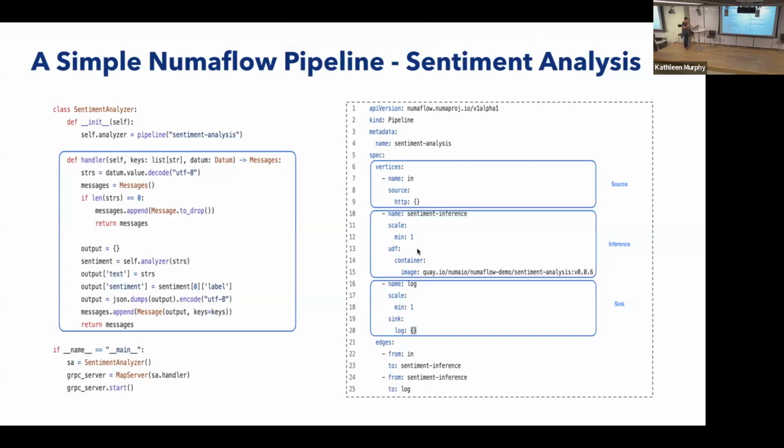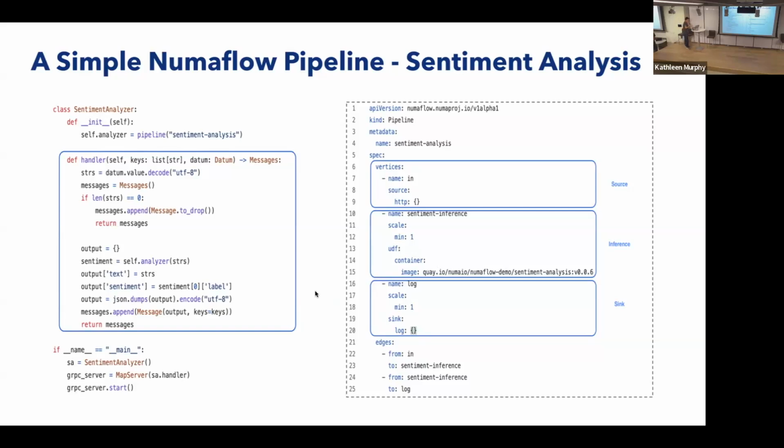Here for this sentiment analysis pipeline, we have an in, which is an HTTP source, and a UDF, the sentiment analysis, where we give a container image. We also have a log sink, which is used to output the result. The second section is called edges, which is used to define the relationships between those vertices. With this kind of spec, you can define very complex graphs for your data processing pipelines.